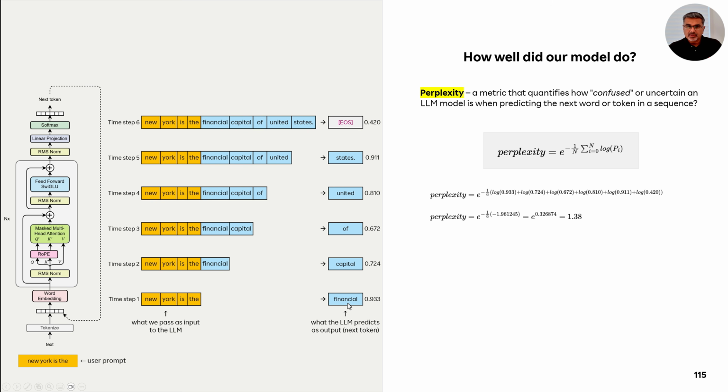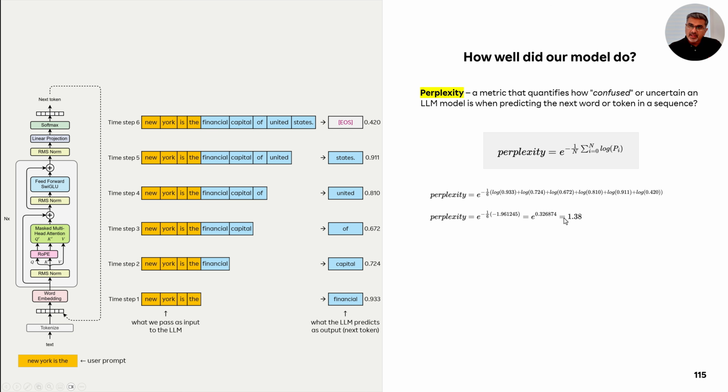For example, the sentence could have been completed as "New York is the most populous city in the United States." It's also a valid sentence, correct? So it picked "financial", or it could also have picked "most" as the other token. So on average, the large language model at each step had a choice between 1.38 tokens, which is actually very good, which means that its predictions are pretty accurate.